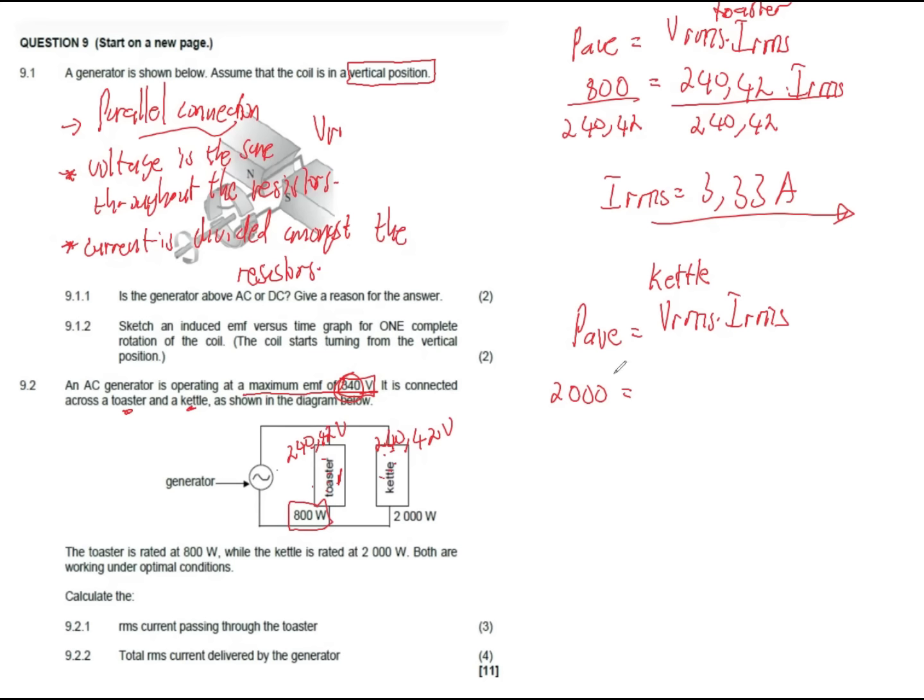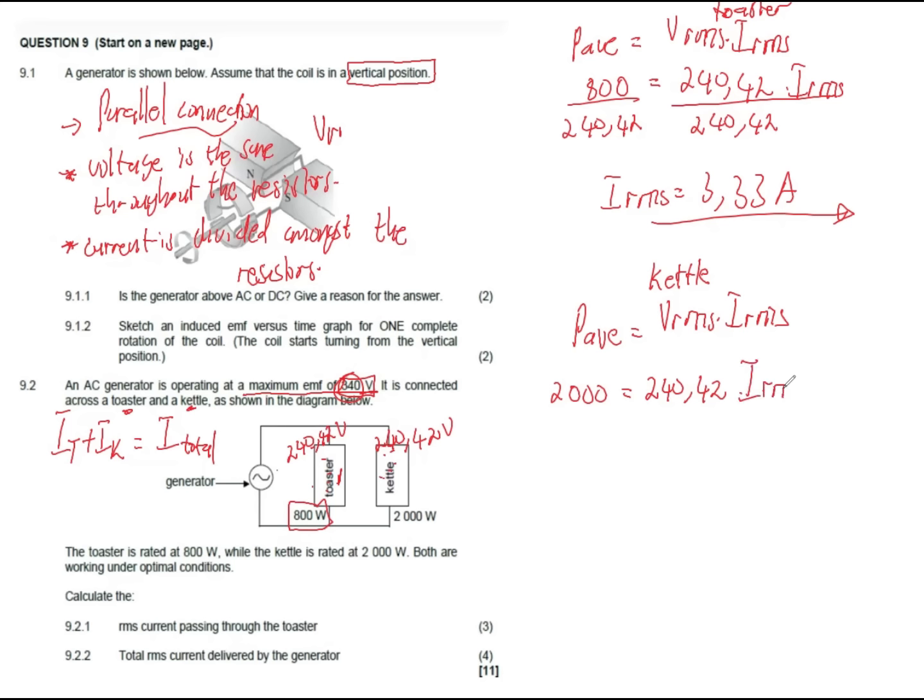So if current is divided amongst the resistors, that means if we take the current for the toaster plus the current for the kettle, this will give us the total current. So 2000, the VRMS is still the 240.42, as indicated. Voltage is the same throughout the resistors.